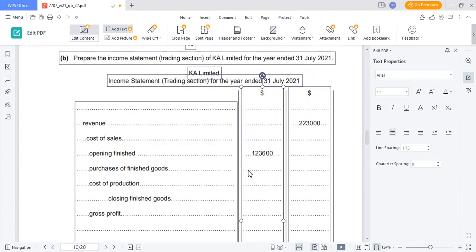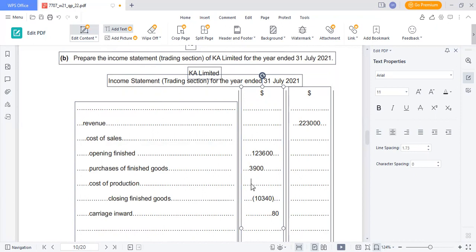Purchases were 3,900. We have carriage inward as well on finished goods, that were 9,080. Closing were 10,340.